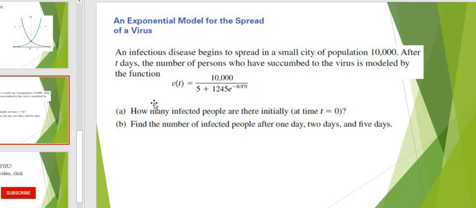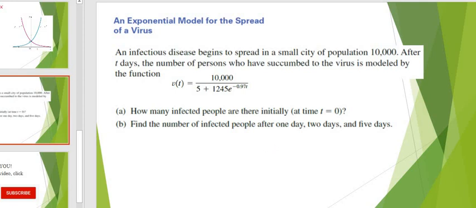We are asked: how many infected people are there initially at time t equals 0? And find the number of infected people after 1 day, 2 days, and 5 days.